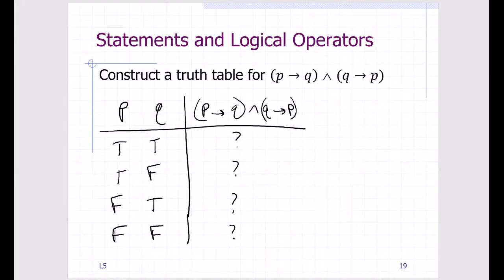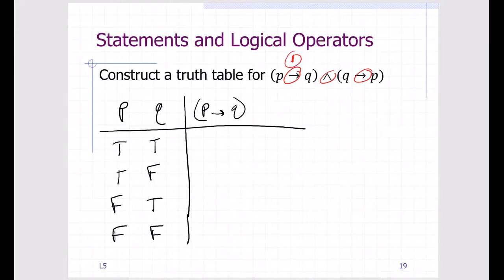Now, rather than do this in one step, there's three operations here, so we should do this in 3 steps. So let's just focus on this first. We'll do this first conditional statement.